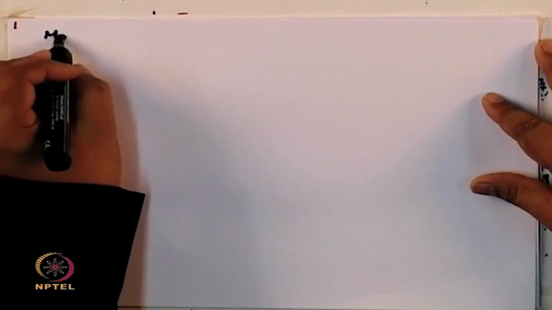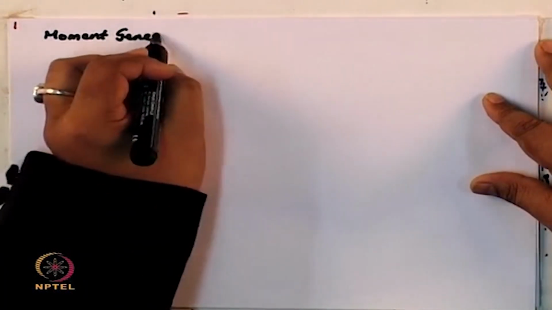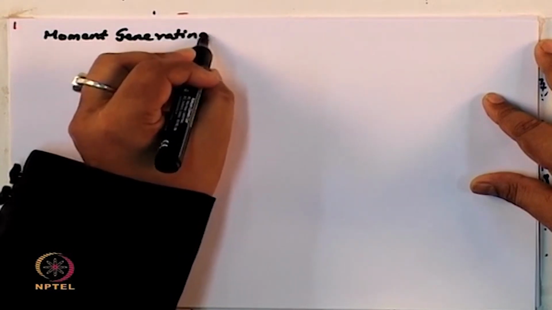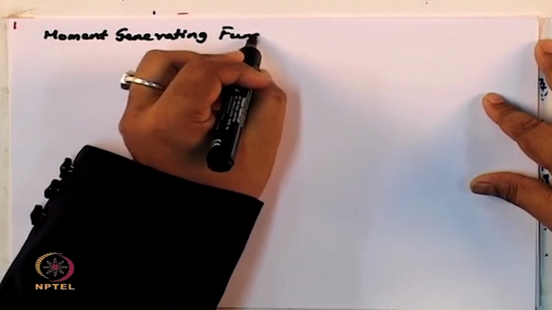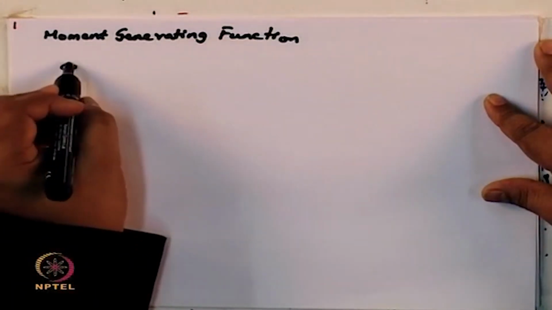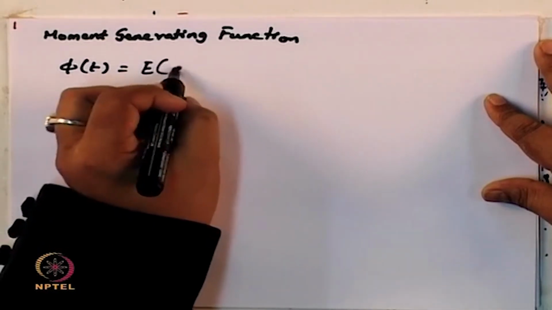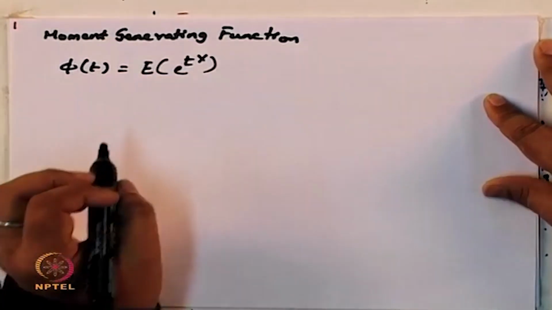So, what are moment generating functions? A moment generating function phi of t is defined as the expectation of e to the power t x. Okay.